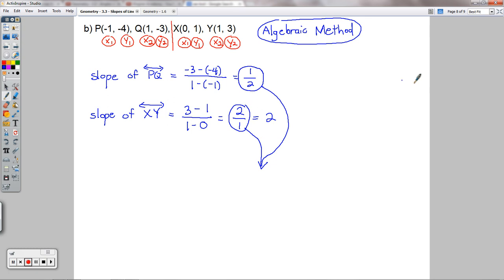If you were to graph these, one would look kind of like this, and the other one would be more like this, but they wouldn't be perpendicular, and they definitely wouldn't be parallel either because they don't have the same slope. That would not be a 90-degree angle. So this one is neither. And we could say that the slopes are not opposite reciprocals.